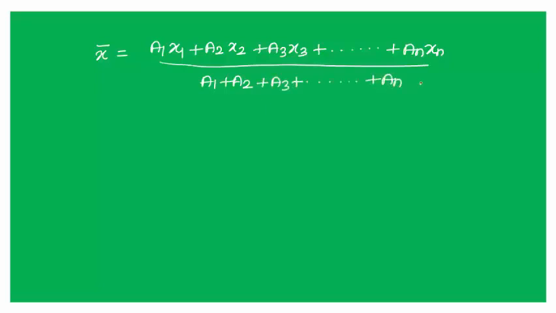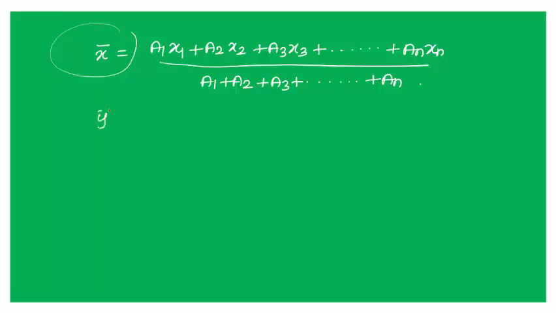Here a1, a2, a3 up to an are the areas of the subsections, and x1, x2, x3 up to xn are the centroids of the individual subsections. So if we calculate the area and the centroid of the subsections from the reference axis, then we can locate the centroid of the given composite lamina along the x-axis using this formula.